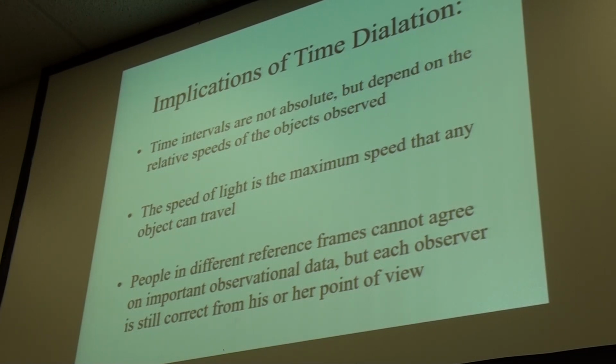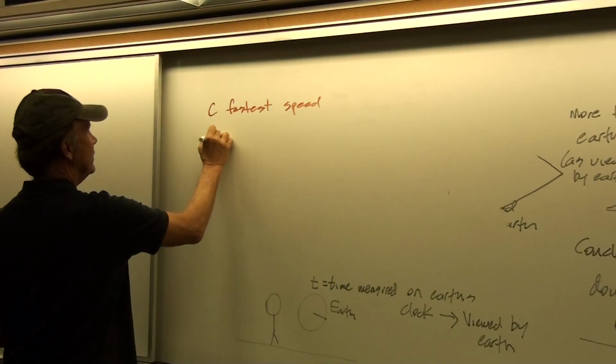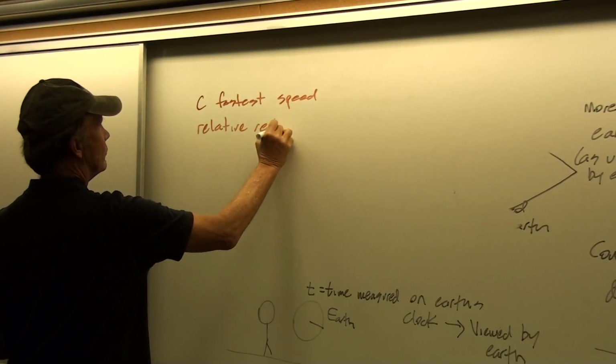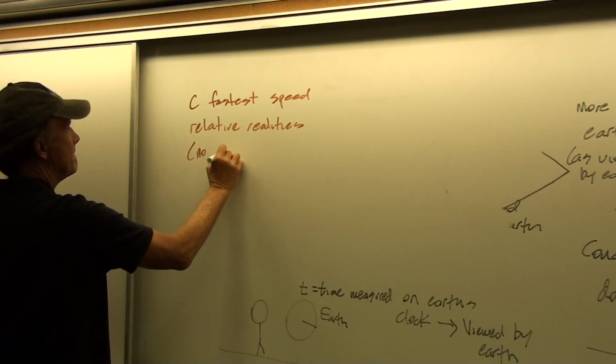And so there are a lot of relative realities. There isn't just one absolute reality. So c is the fastest speed, and we have relative realities, no one absolute reality.